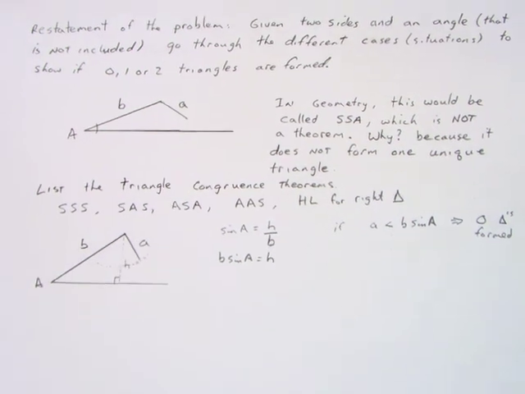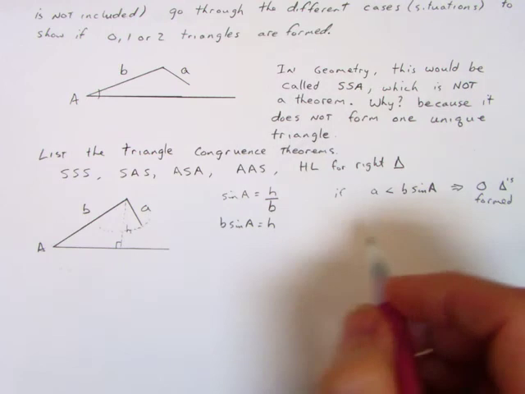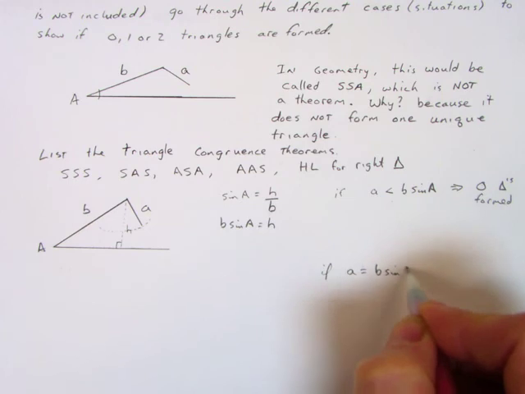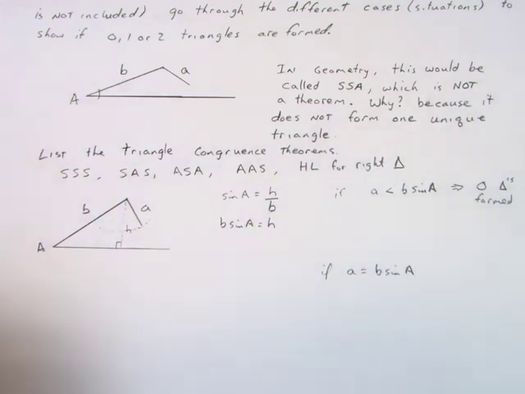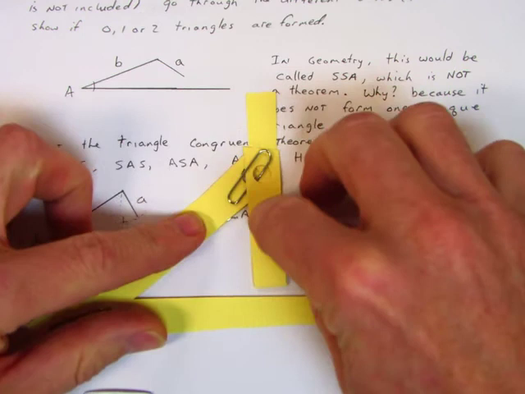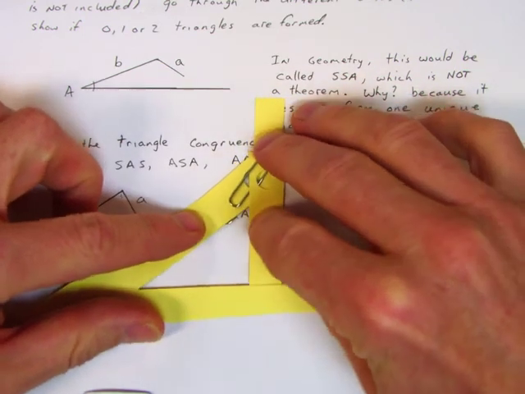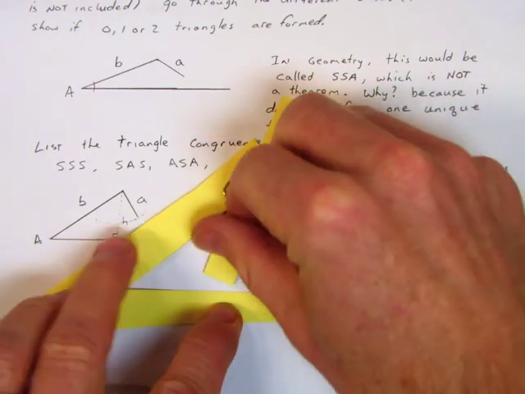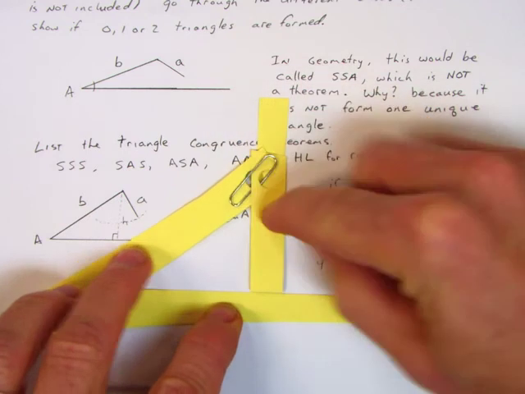Let's look at the next situation. What if little a equals b sine A? Let me put my diagram back together. In this situation, it's not exactly the same as before. If I slide this around and it exactly equals the height, the only place that it touches is at the height.